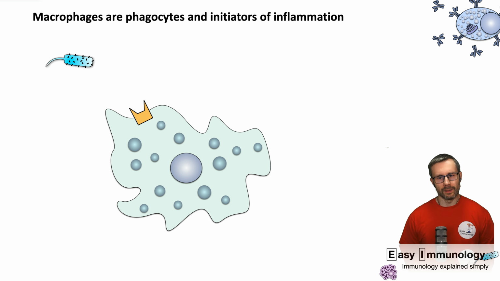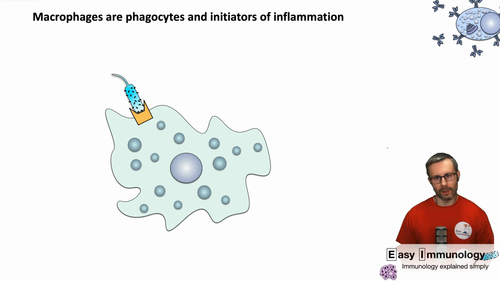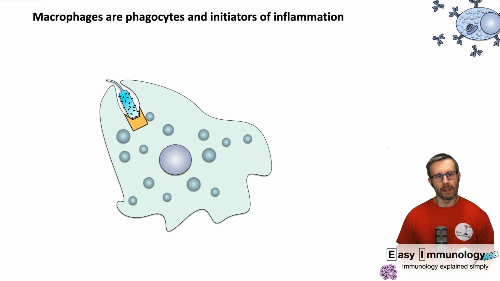Phagocytes, like this macrophage shown here, are cells that specialize in eating up pathogens. So imagine this is a phagocyte that meets a bacterium. Then the bacterium is recognized by certain receptors, pattern recognition receptors.